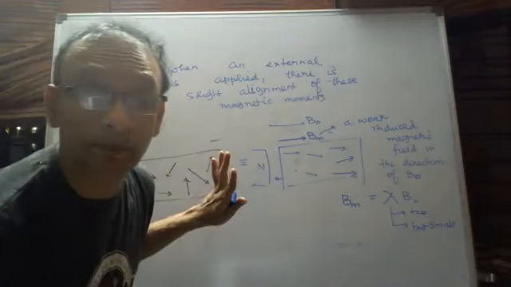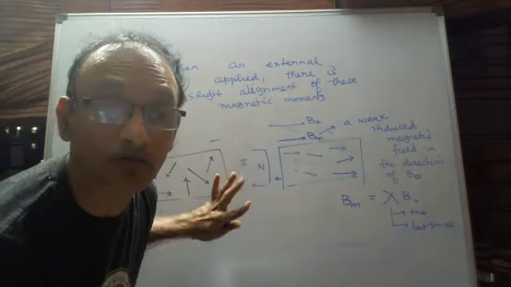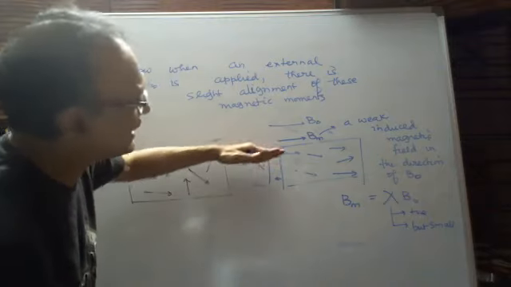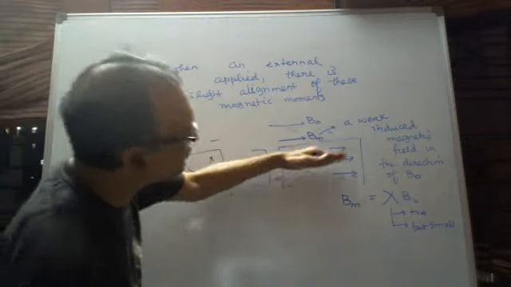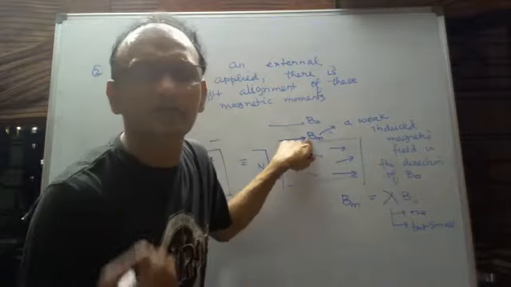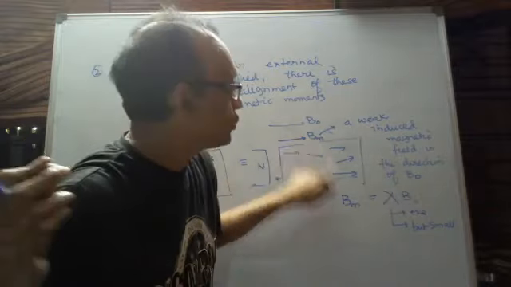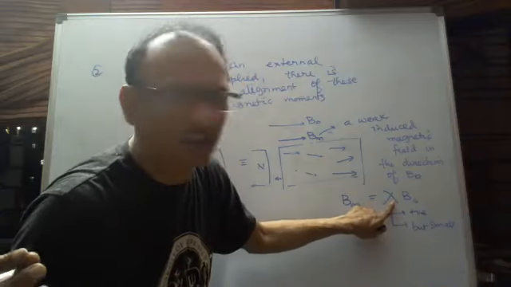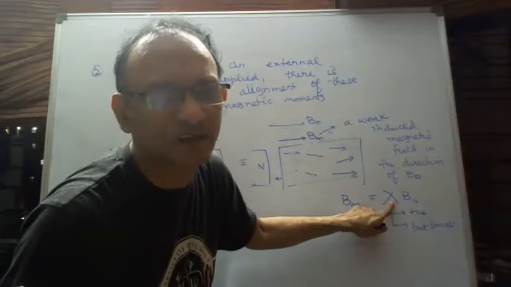Unpaired electron है यहाँ पे. Every atom has an unpaired electron. That's why this happens. But when an external magnetic field is applied, it weakly aligns, so that induced magnetic field is small. So the magnetic susceptibility for such material will be small.